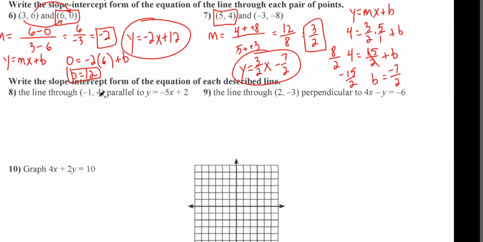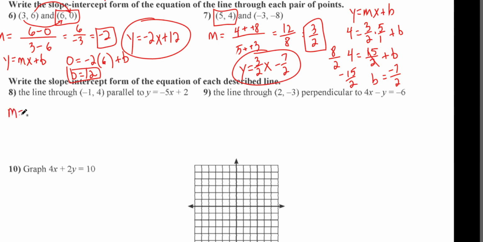This is kind of the same thing as what we just did. It's asking you something a little different because it's asking for a line that's parallel to this line. But everybody, look. What did I find first on all the last 4 problems? I found the slopes. Do I know the slope of this line right here? Yes. What is the slope?